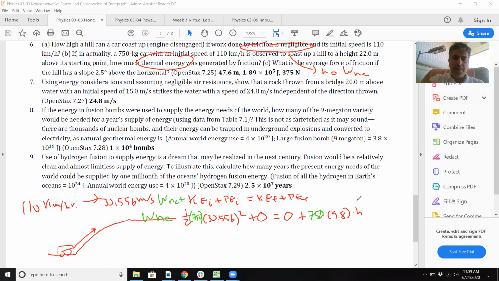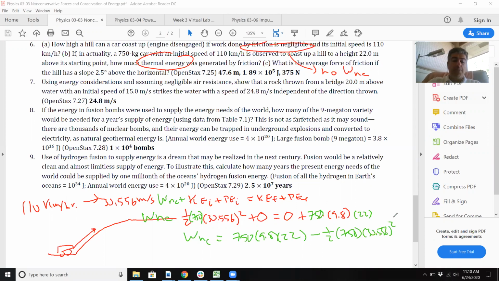And the height I also know is going to be 22. So your WNC is going to equal 750 times 9.8 times 22 minus 1/2 times 750 times 30.556 squared.